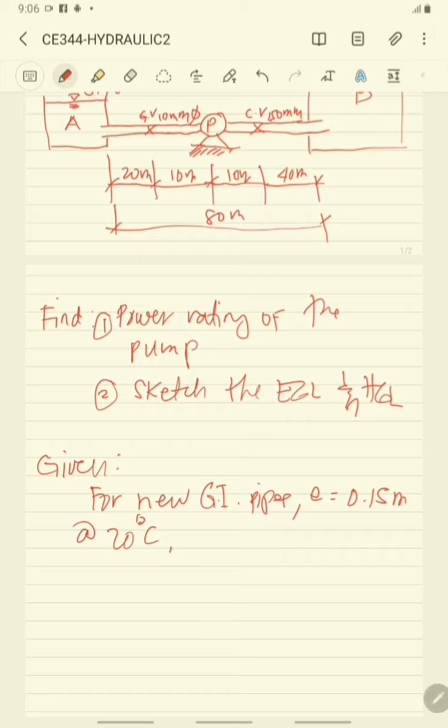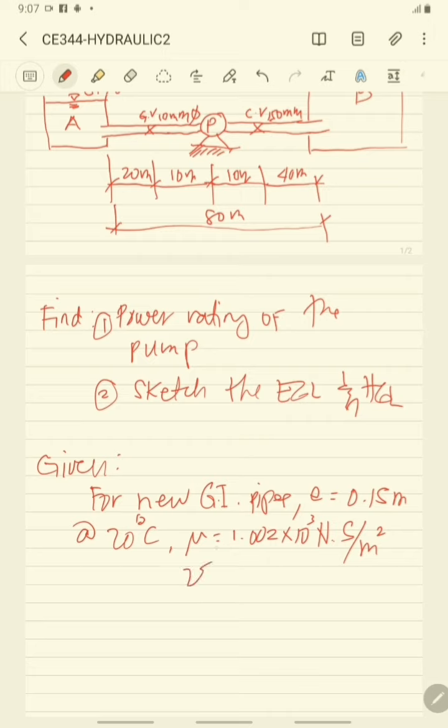From the Reynolds number, you also need the dynamic viscosity and kinematic viscosity. For that, we need to identify the temperature of the water. At 20 degrees Celsius, the dynamic viscosity is 1.002 times 10 to the negative 3 Newton second per meter squared, or Pascal second.